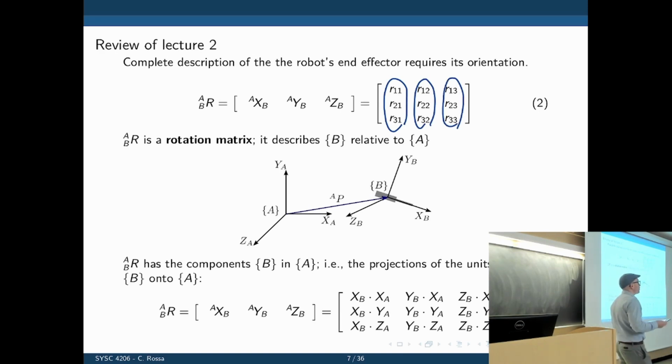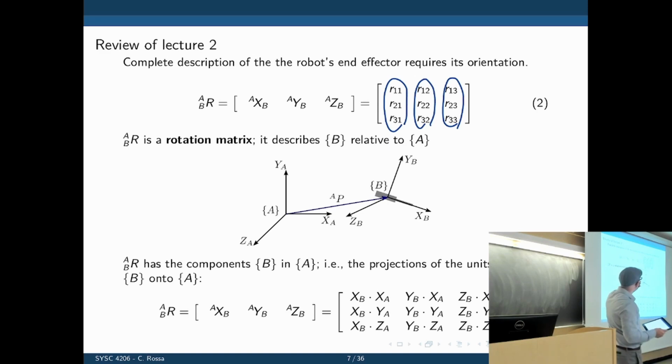And what do they represent? Each of these three column vectors, from lecture 2, describes the basis vectors of B relative to A. Exactly. The decomposition of each of the unit vectors of frame B on frame A. So the first element R11 is XB on XA.